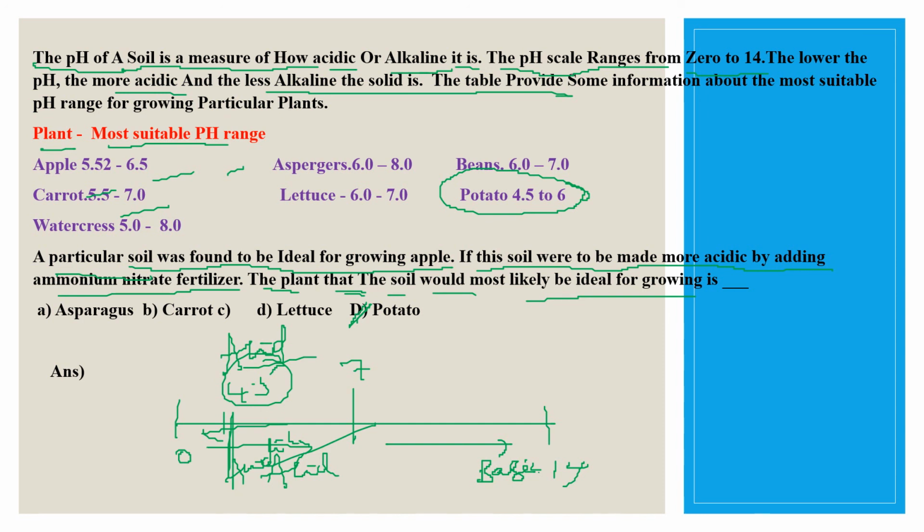So D is the right answer. A particular soil was found to be ideal for growing plants, and here it is made more acidic by adding. More acidic means the potato plant we can grow easily.